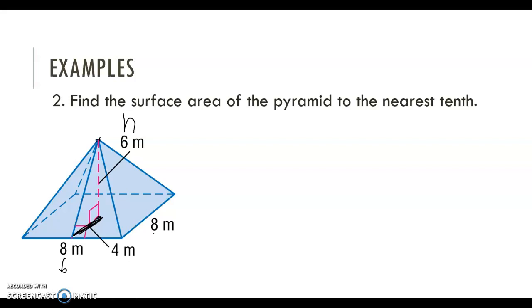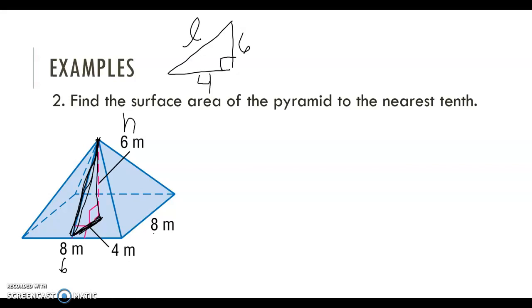So what we're going to have to do is use this right triangle that is formed right there. I'm going to redraw it up here. This is 6 and this is 4. We're going to use that to help us find this slant height, and that slant height would serve as the hypotenuse of that right triangle.